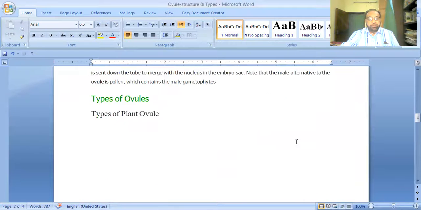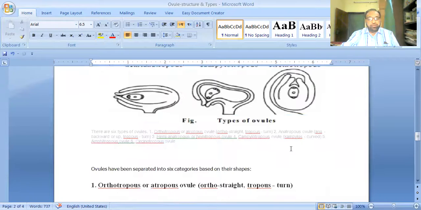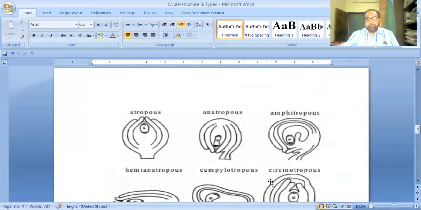The first one is called an orthotropous ovule or atropous ovule. Ortho means straight, tropos means turn. It is a type of ovule in which the nucellus, micropyle, and chalaza are present in a straight line.